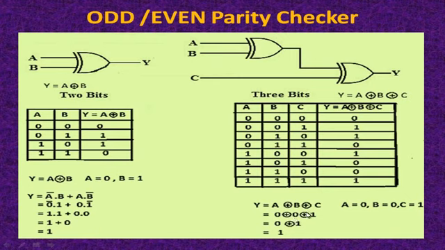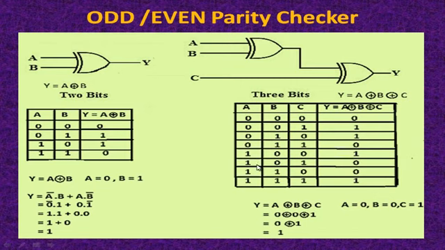And again we take this one, means 1 XOR 1 will be 0. Means the output for the fourth case will be 0. This output for the fourth case is 0. Means we can say that if an even number of inputs are high, the output will be 0. Though this is a 3 input XOR gate, this truth table also follows the function of XOR, isn't it? So this is the concept.